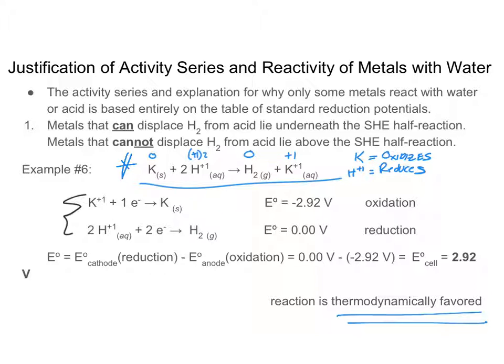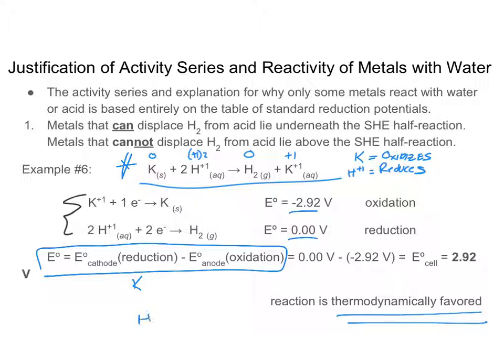But because hydrogen is being reduced and potassium is being oxidized, when I plug these values into this formula, I take the reduction, which is 0, minus the oxidation, which in this case is negative 2.92, and I get a positive 2.92 as my total cell potential. That tells me this reaction is thermodynamically favored, and that on my activity series of metals, potassium is somewhere above hydrogen, so potassium can replace it.